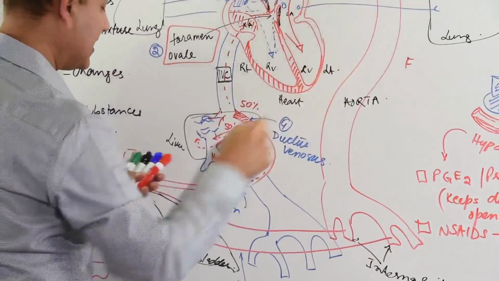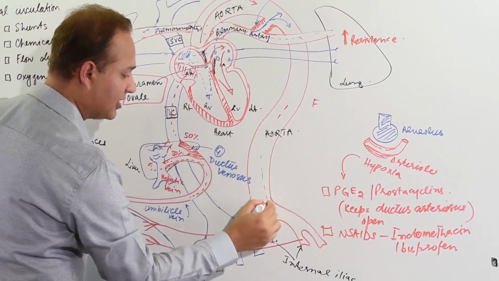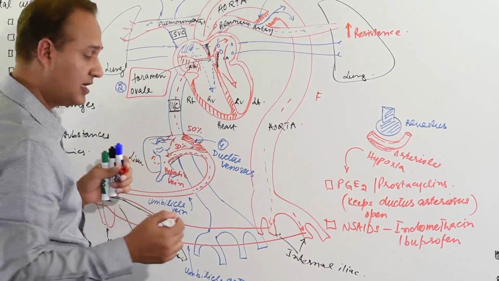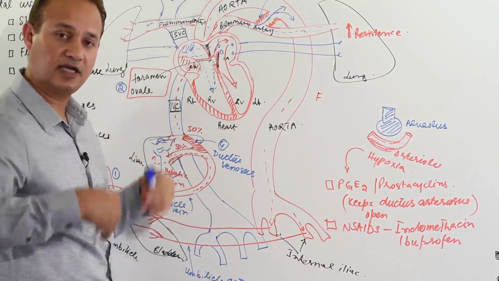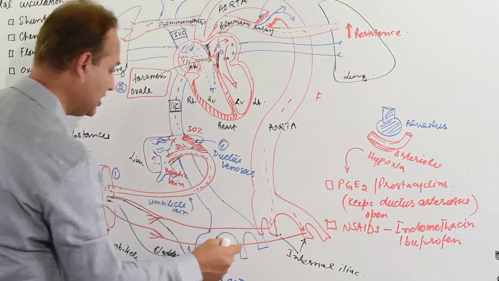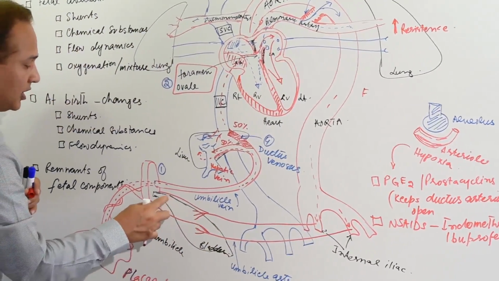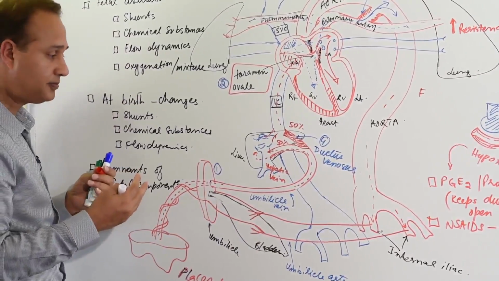Finally, as the blood passes through the aorta, it supplies the body, and finally it reaches the internal iliac arteries. Again, the majority of the blood here, instead of going to the rest of the baby, goes back through the umbilical arteries into the placenta and gets oxygenated again.